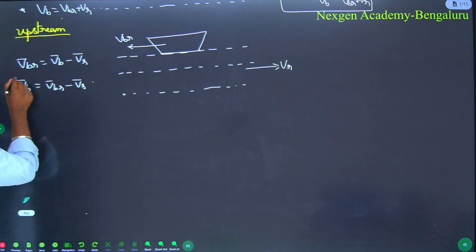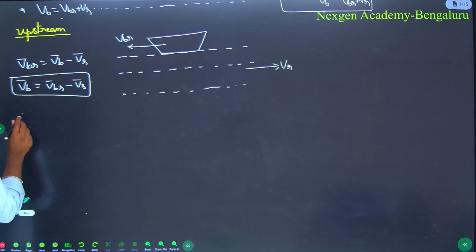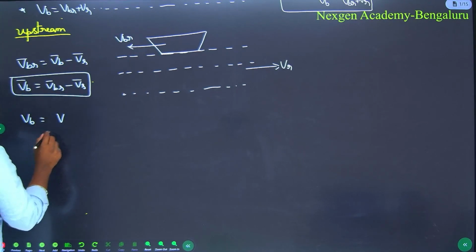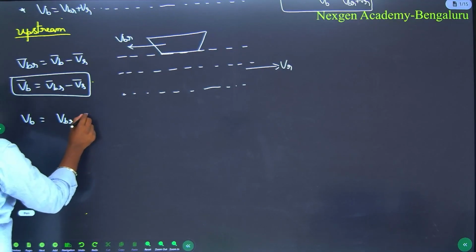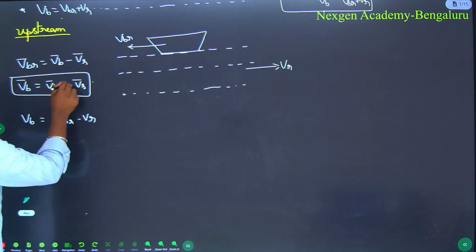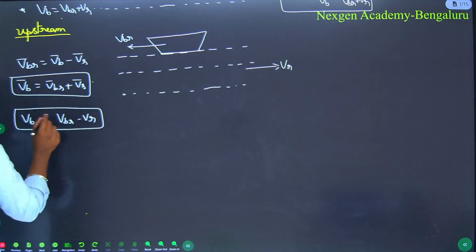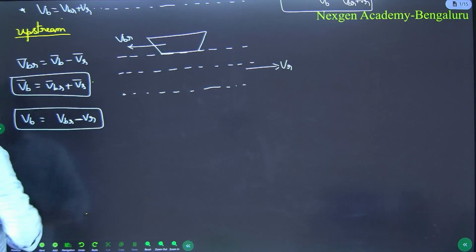When it comes to magnitudes, VB is equal to VBR minus VR, because these two are in opposite directions.